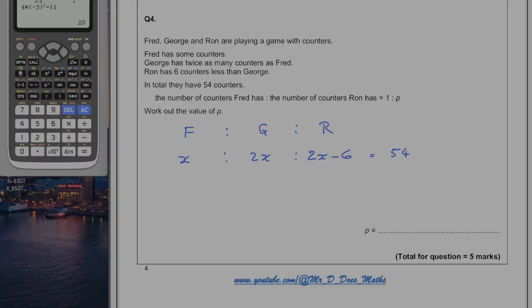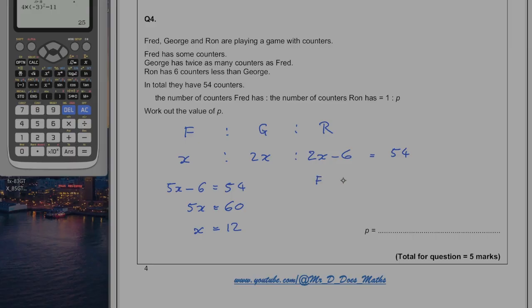Right, so if I add these up, that would give me 5x minus 6 is equal to 54. Add 6 to both sides, 5x is equal to 60. Divide both sides by 5, x is equal to 12. So that means that I'll bring this ratio back down.